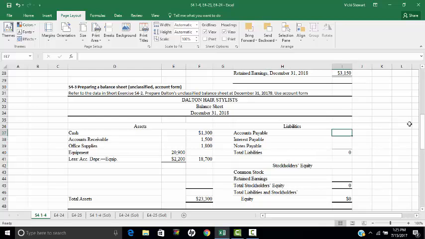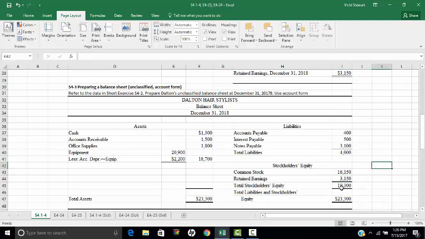Now we're going to start with our liabilities. Accounts payable, $400, interest payable, $500, and then notes payable is $3,100. And we're going to get a subtotal for our total liabilities of $4,000. Then we list our common stock, and we have to have our retained earnings, but remember it's going to be this amount, $3,150 from the statement of retained earnings.